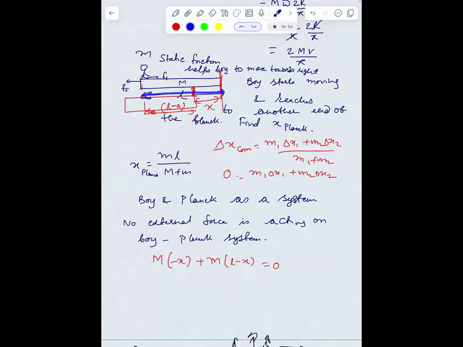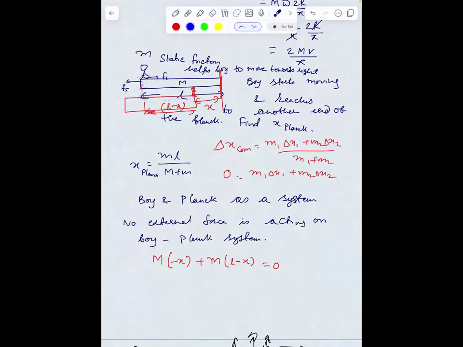Because I have assumed this is L. Now the plank shifted x here. So let this be y. y plus x is equal to L. So y is L minus x. That is why I say the boy shifted L minus x. Is it okay? Yes or no?